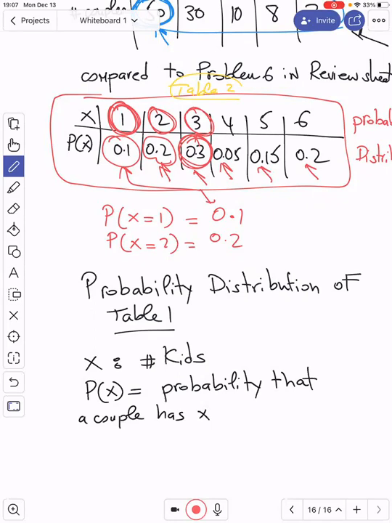For example, if x is 1, what's the probability that a couple has 1 kid? So we need to find this probability for each x. That will be our probability distribution, right?